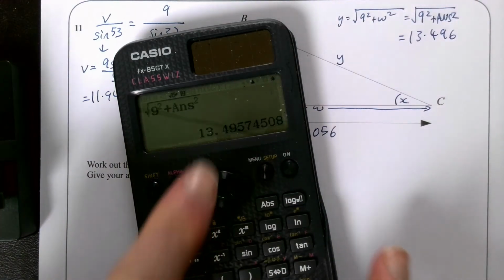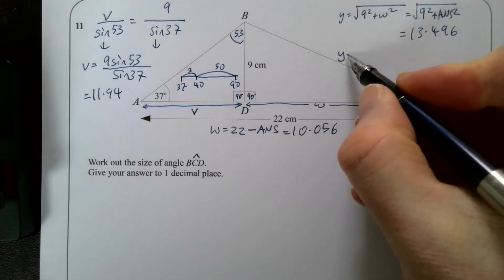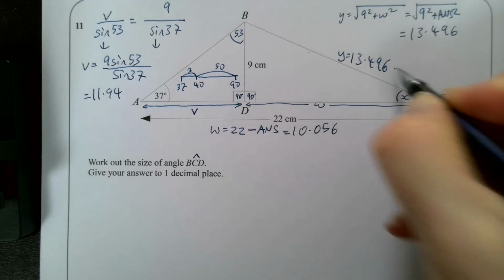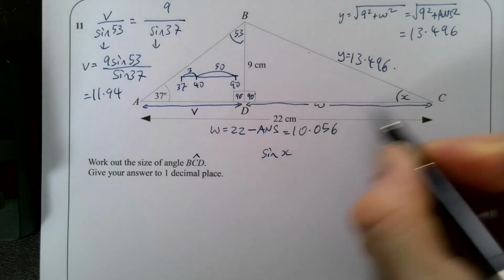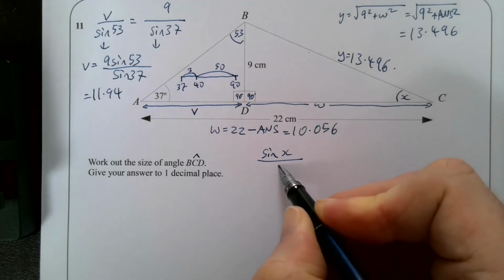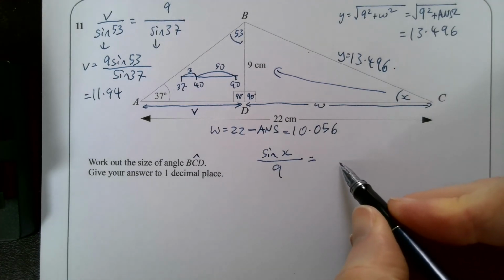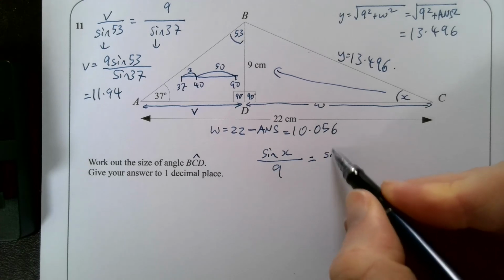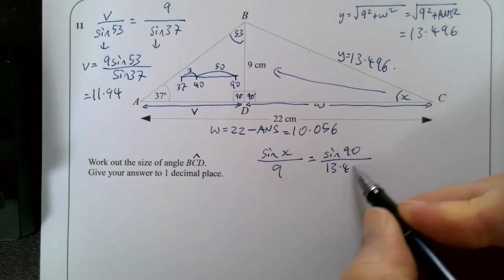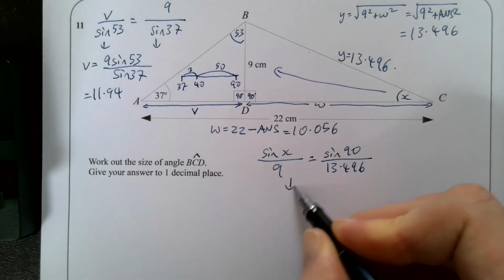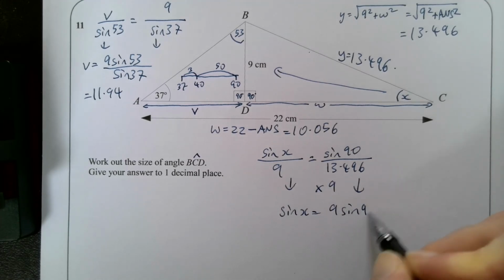But again, I'm going to use that in a moment, because I can then say that sine x, because it's the angle, isn't it, always goes with sine, over 9, because that's opposite there, is going to be equal to sine 90 over the y, which is 13.496. I'm going to multiply both sides by 9 to give me sine x equals 9 sin 90 over 13.496.